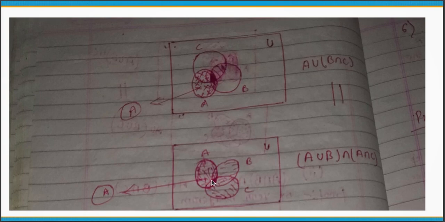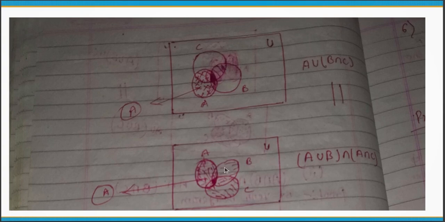Now intersection of A union B and A union C. This is A union C. This is the part and A union B. This is the part. This is the part.